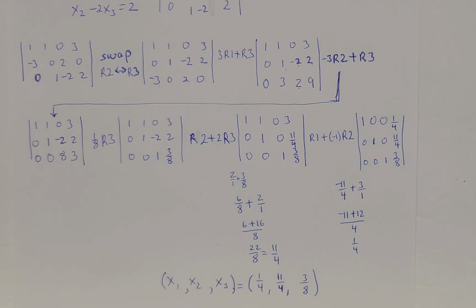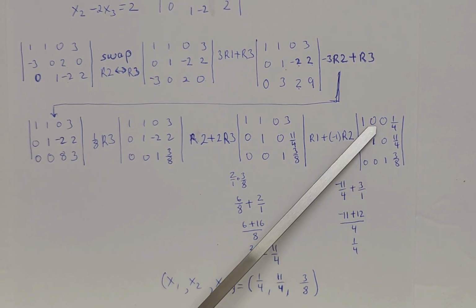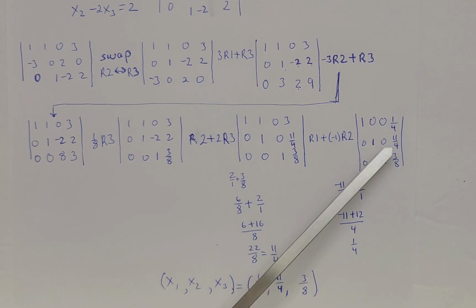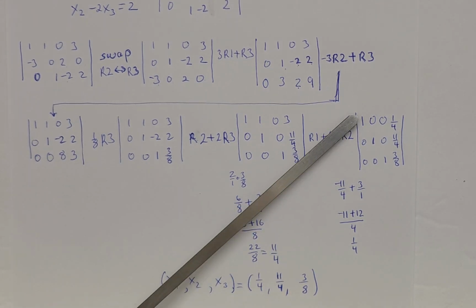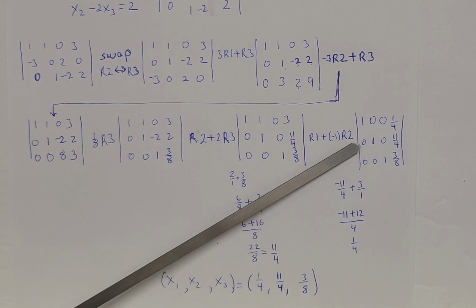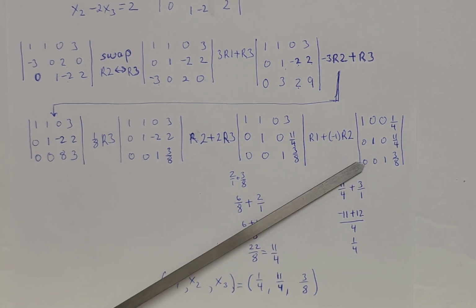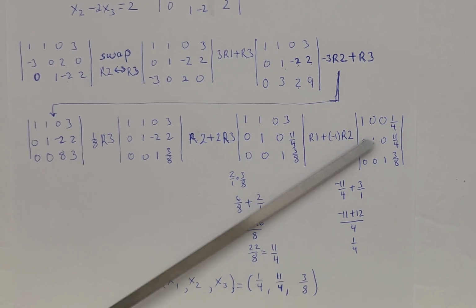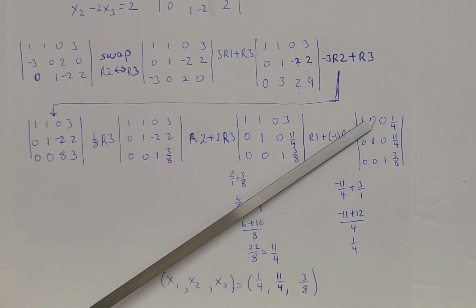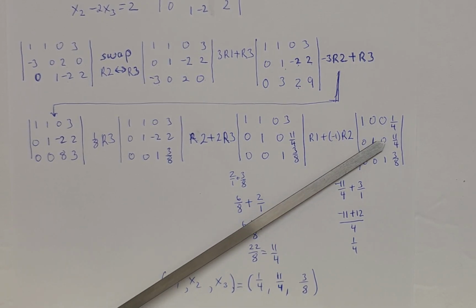And as you can see, this and this are 0, this and this are 0, then we are completely done. Make sure the diagonals are all 1s. All this right here should be 0. This should be 1. This should be 0.